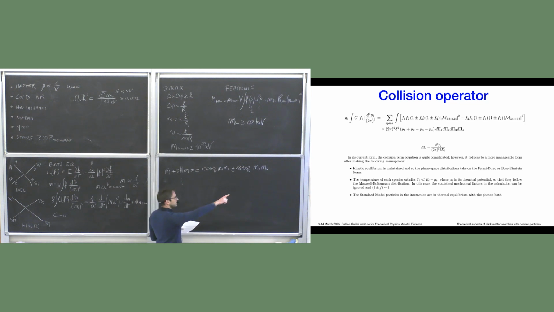As I said, the standard model particles are in equilibrium, so we can write that the sigma v, 1, 2 of dark matter particles are identical, so n1 and n2 we can write as n equilibrium squared. The process of 1, 2 giving 3, 4 is the same as 3, 4 giving 1, 2. And so this is equal to sigma v of 3, 4 standard model particles.